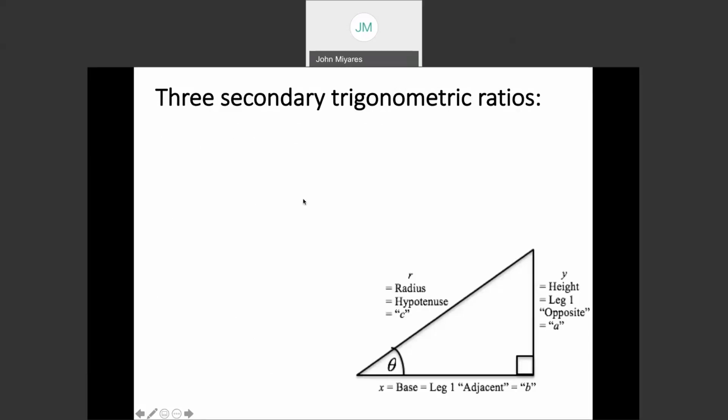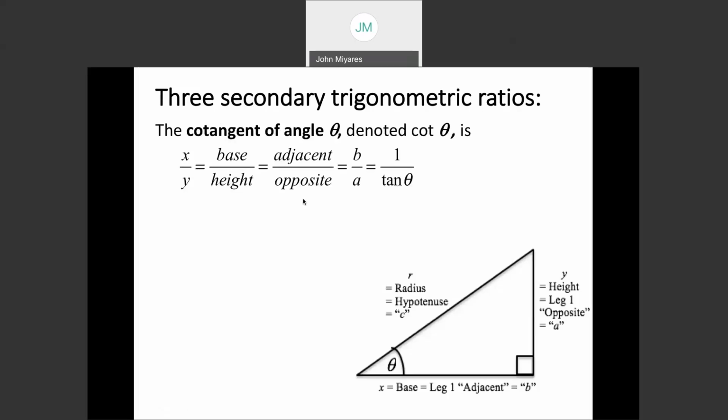The three secondary trigonometric ratios are just the reciprocals of the three primary ratios. The cotangent of angle theta, denoted COT with a theta, is the ratio of the adjacent leg over the opposite leg, which in this triangle is B over A. It can also be looked at as the reciprocal of the tangent of angle theta.